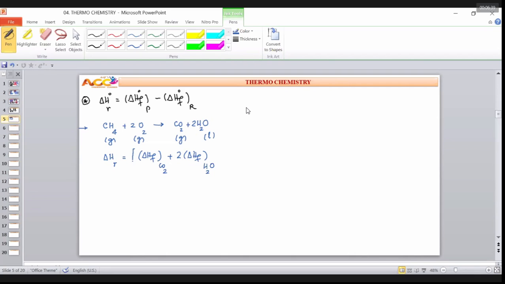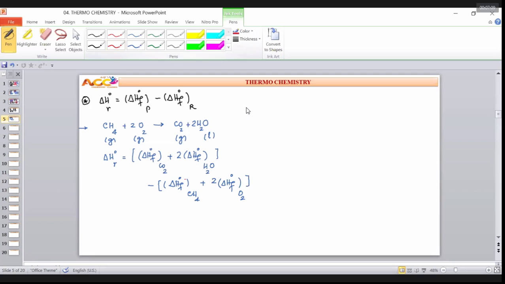This is enthalpy of formation of products minus enthalpy of formation of reactants: standard enthalpy of formation of methane plus enthalpy of formation of oxygen, 2 times.